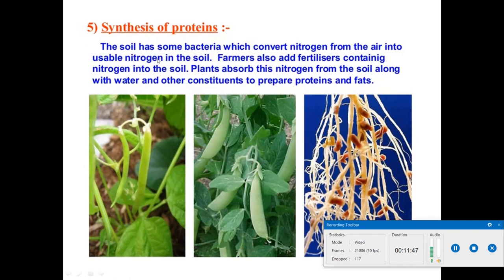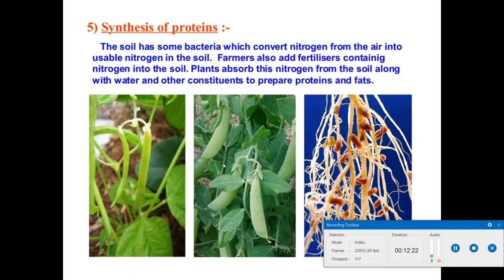Synthesis of protein. The soil has some bacteria which convert nitrogen from the air into usable nitrogen in the soil. As we know, around 78% of the atmosphere is nitrogen, in the gaseous form, and plants cannot directly get this nitrogen.